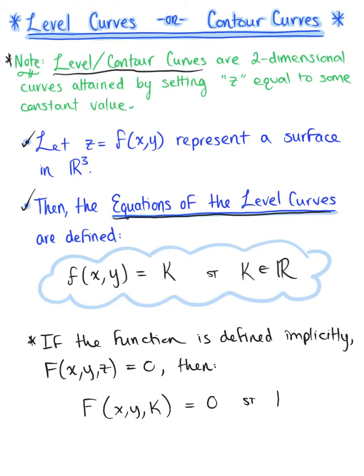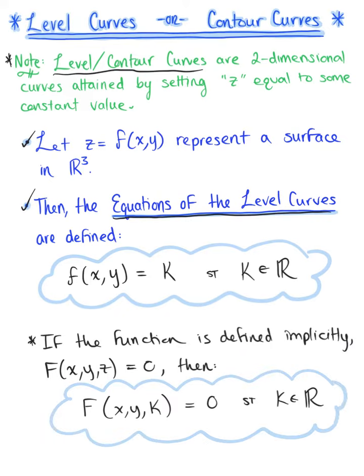And this, of course, is still such that k is that scalar value, our real number. So here's our implicit notation and our explicit notation for a level curve.